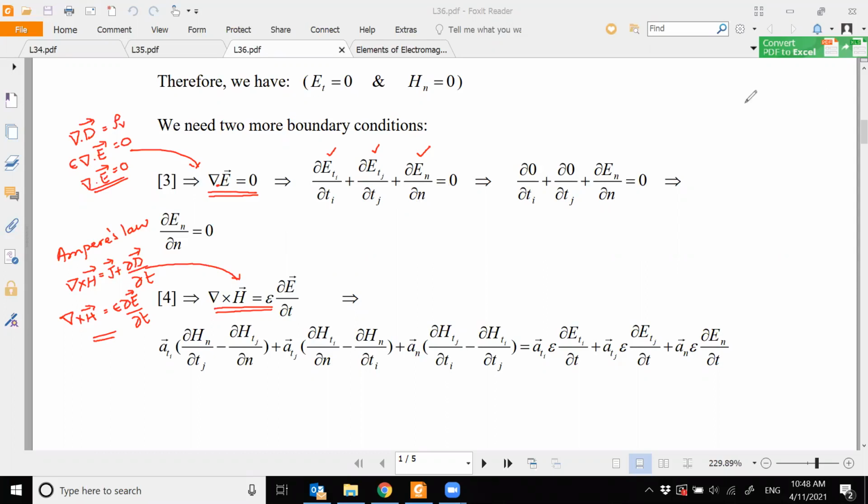Because for any electric field, if this is my plane, there will always be 2 components which will be tangential and 1 component which will be normal.